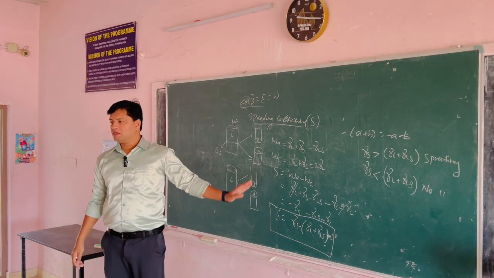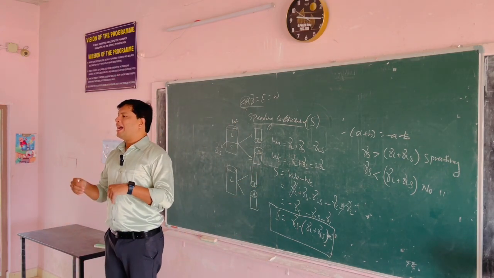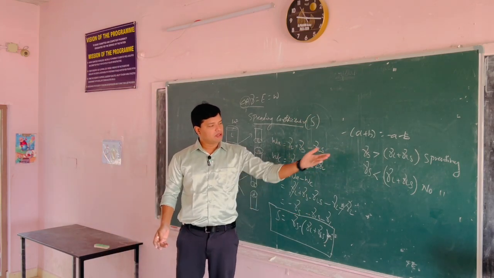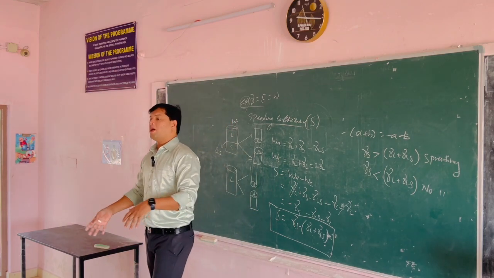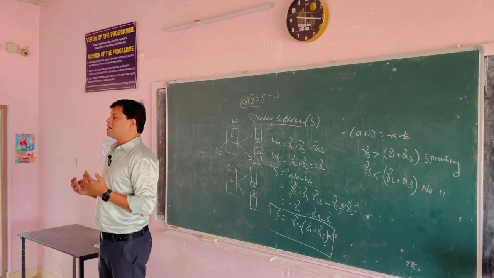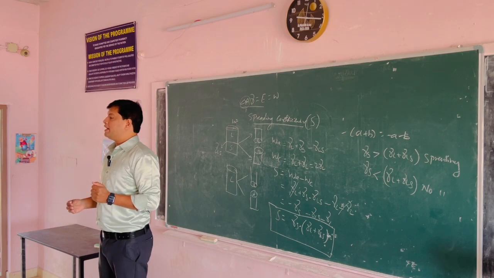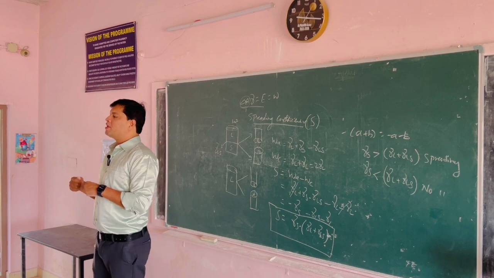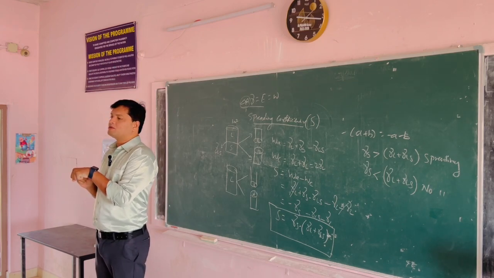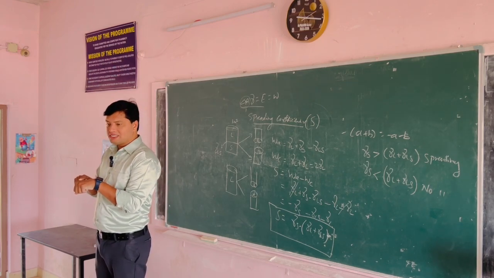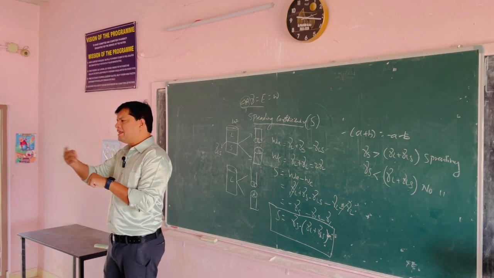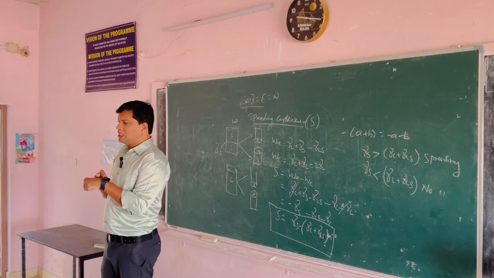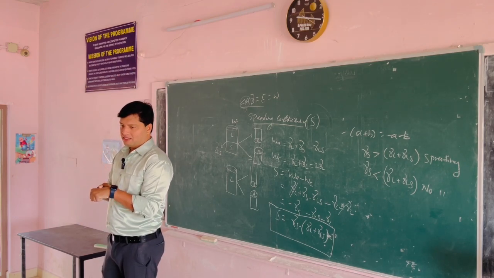Okay, sir, you have told this, but we didn't understand. Now my ointment is not spreading. What should I do? You told this value more is spreading, this value less is no spreading. What should I do? What you should do is incorporate polar groups in your ointment. Why? Polar groups will attract your skin, maybe by van der Waals force, by hydrogen bonding, any bond they will form with the skin.